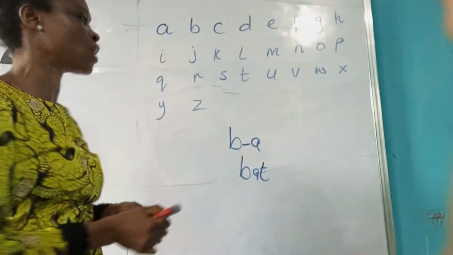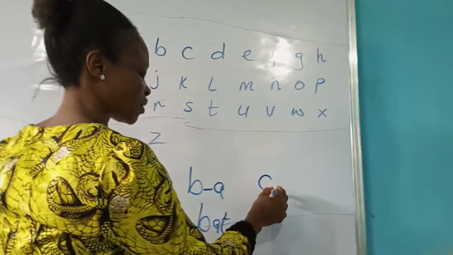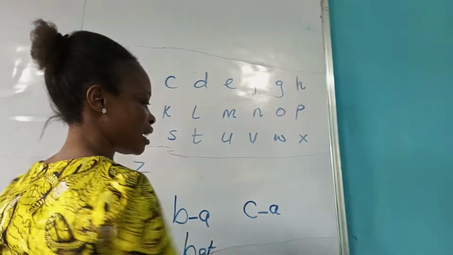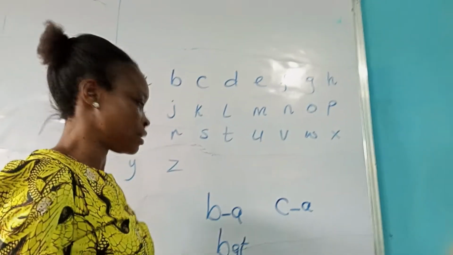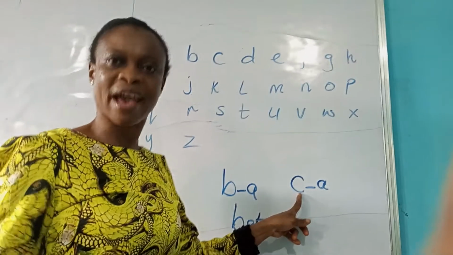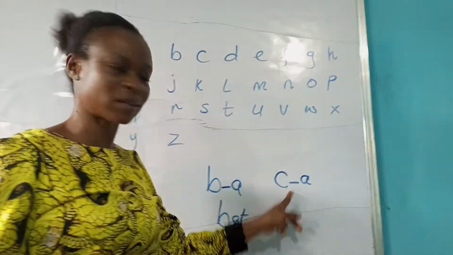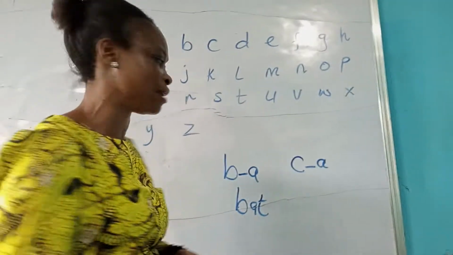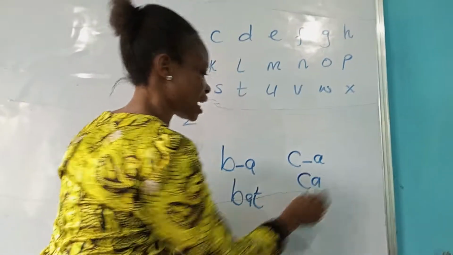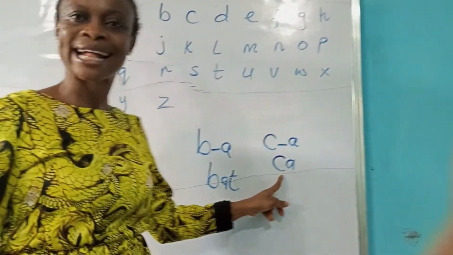Let's proceed to the second letter, and that is letter C. Letter C and letter A. These are two sounds here, that is sound K and sound A. When we join the two sounds together, we're going to have a sound like ka.